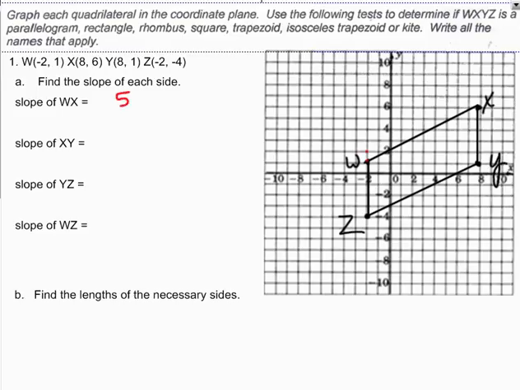And then how many over? 1, 2, 3, 4, 5, 6, 7, 8, 9, 10. So that's got a slope of 5 over 10. We reduce that to 1 over 2. The slope of XY. Okay, guys, you know this. XY looks like, oh yeah, the death slide. So that's undefined.